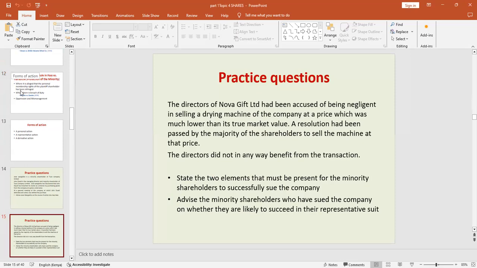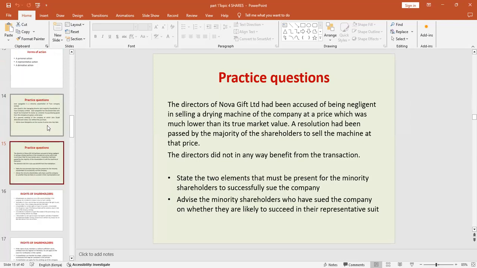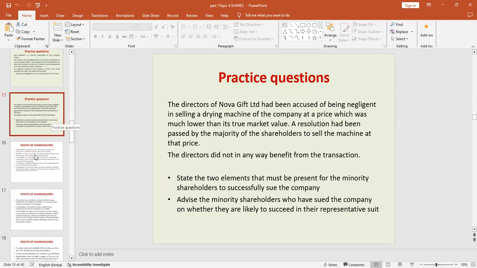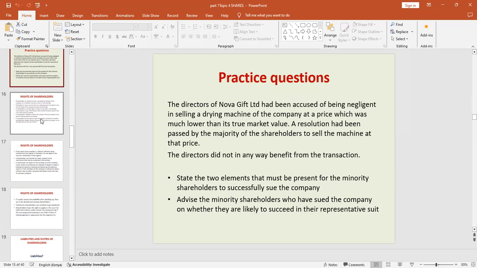But if none of those is there, then they will lose. So in this case, the majority will win, the minority will not win. I think that one was fairly straightforward, right? Any issue up to that bit?